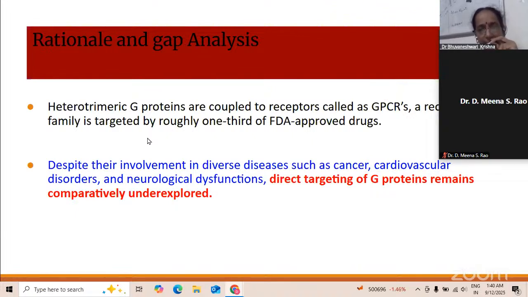A study on G protein as a direct target can give us leads which can probably give us a future drug for diseases like cancer, cardiovascular disorders, and other dysfunctions of the body.